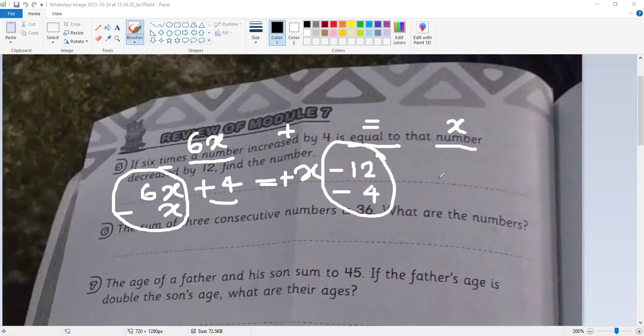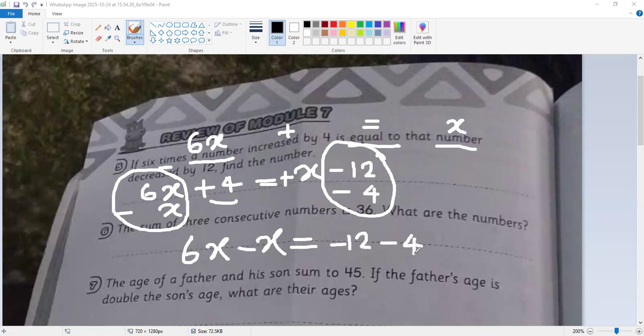So now we are going to be having it as 6X minus X. Don't forget I'm solving question number 5 and not 6. So equals to minus 12 minus 4.